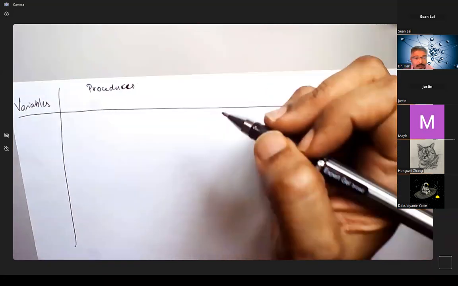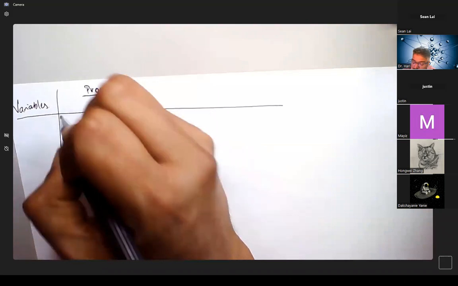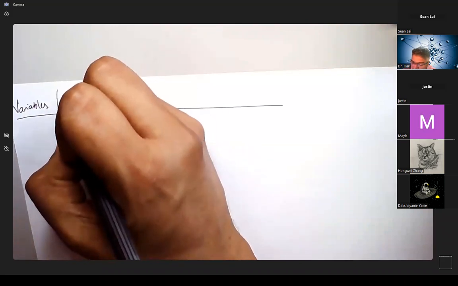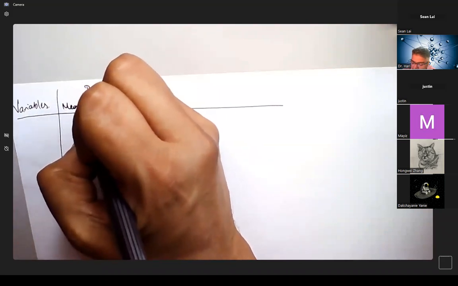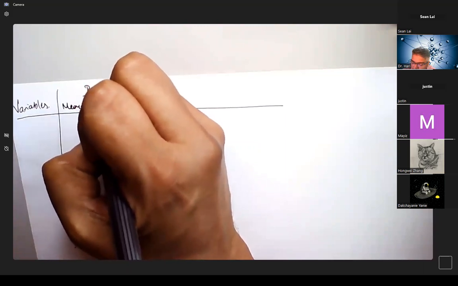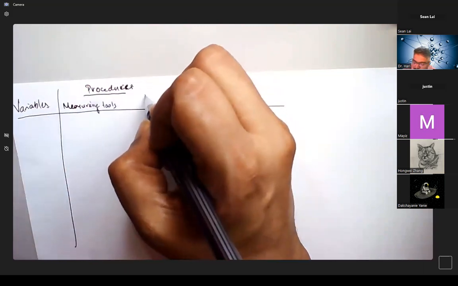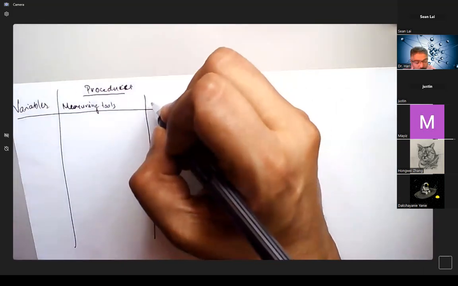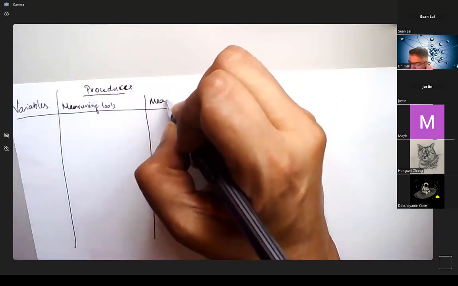So for the procedure, what you need is to identify the correct measuring tools. That is very important, right? Then the measuring technique.